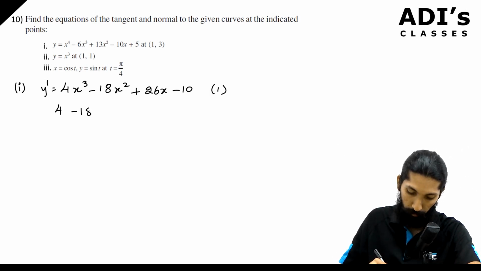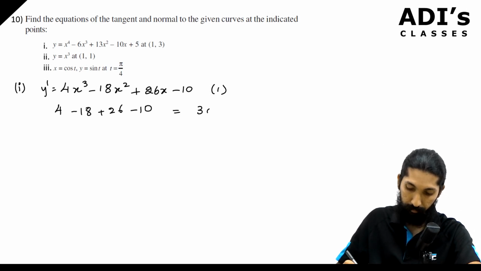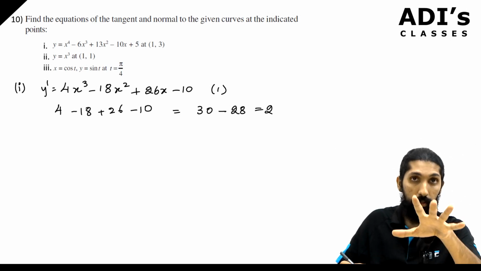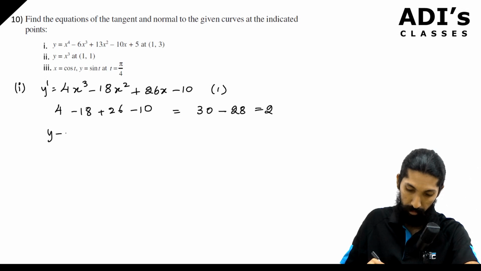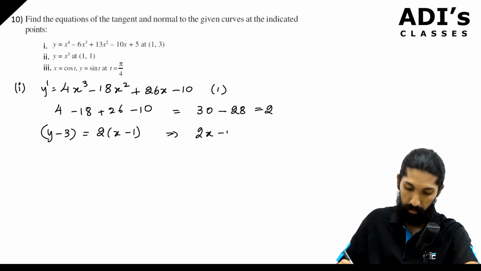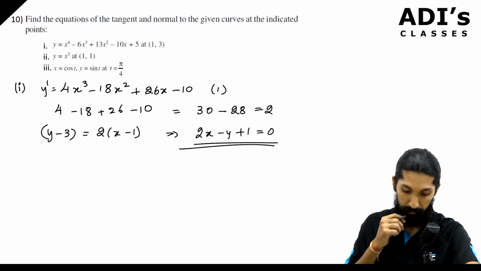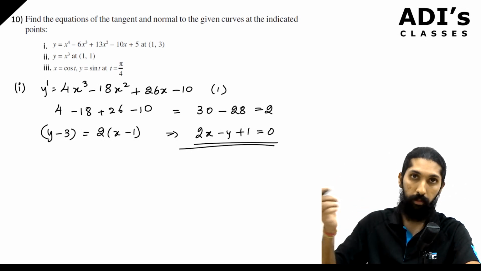So 4 minus 18 plus 26 minus 10, which will be nothing but 30 minus 28, 2. 2 is the slope. Slope of what? Tangent. So y minus y1, 3, m into (x minus x1). So you will get it as 2x minus y plus 1 is equal to 0. So this is the equation of the tangent. All right, so 2x minus y, so 3 goes this side, so 3 minus 2 is 1.